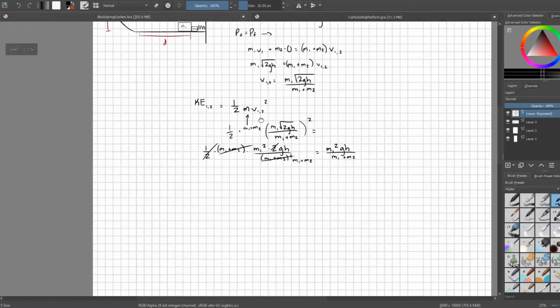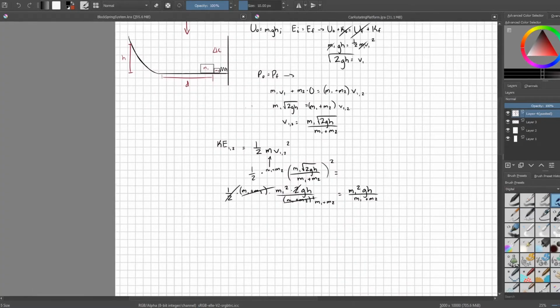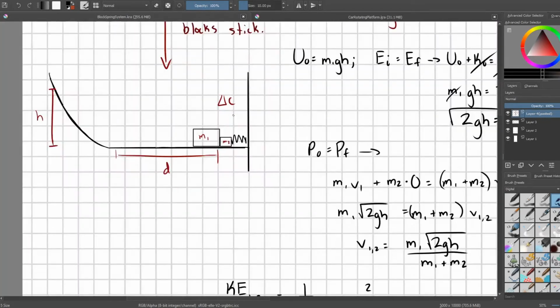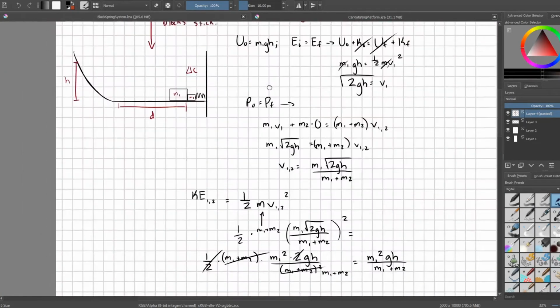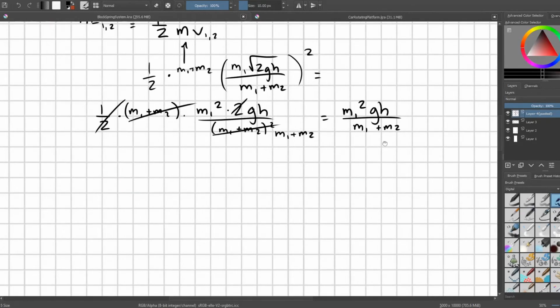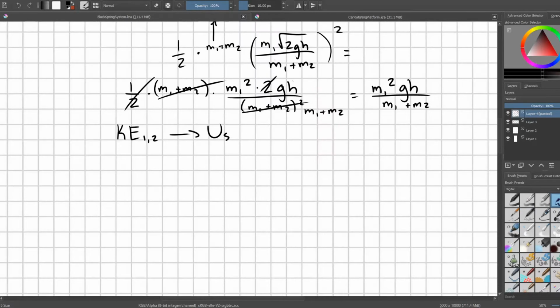Right? Now, they're going to slam into that spring, which is going to compress until it takes all of that energy away. So we have that our kinetic energy of 1,2 is going to be converted into U, our spring potential energy. So again, due to the conservation of energy, we'll go ahead and write out this relation.